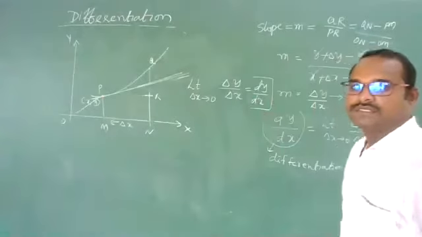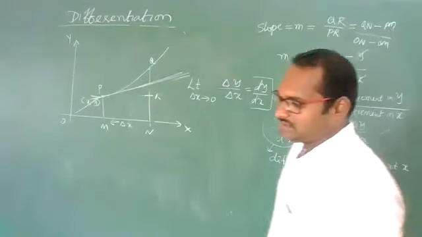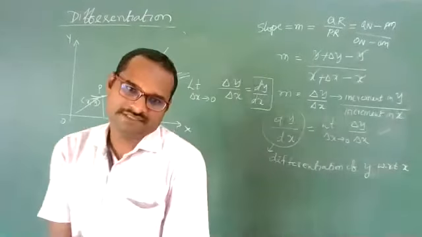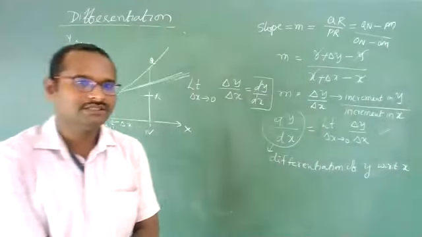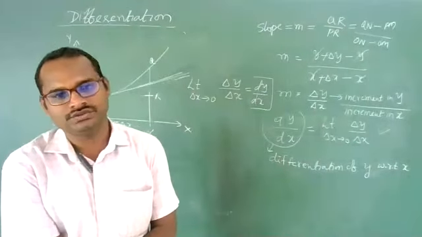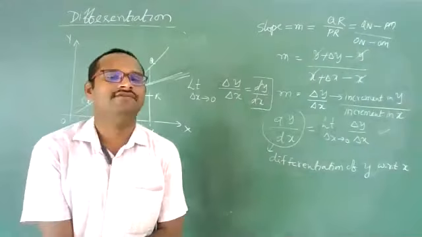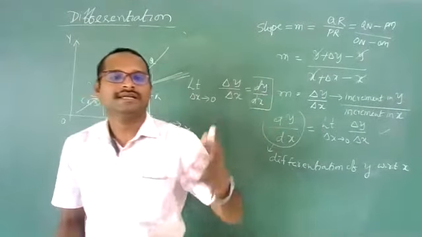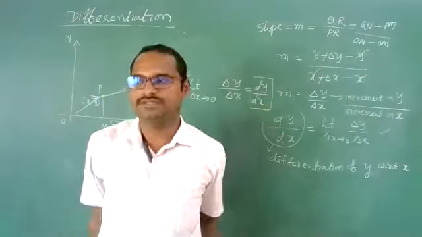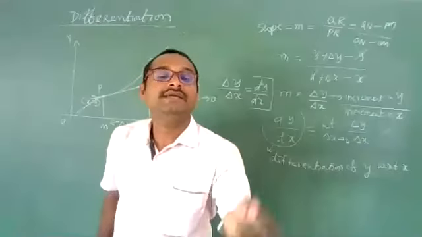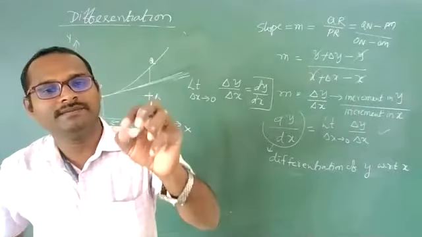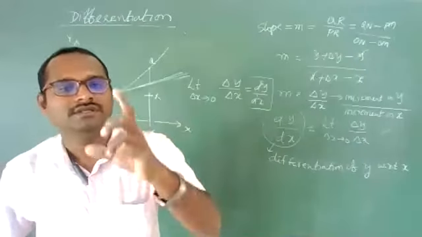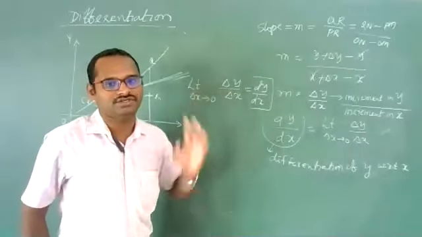Students, the differentiation concept is very much useful in physics. We use differentiation whenever we have one continuously changing variable. Then, in a limiting value, we can find a particular value of a function by using differentiation.